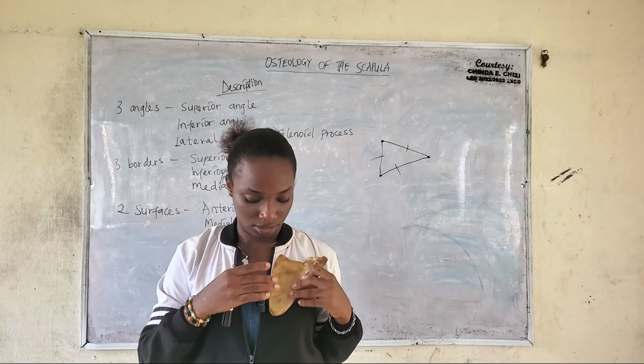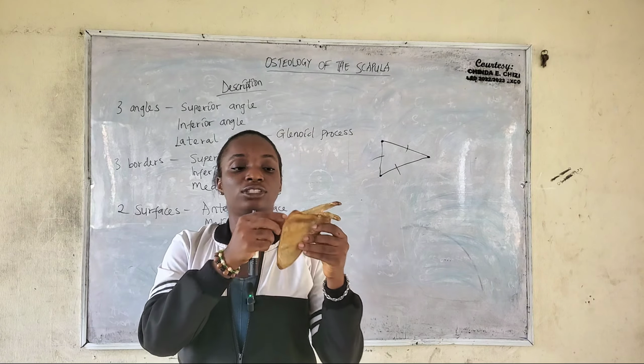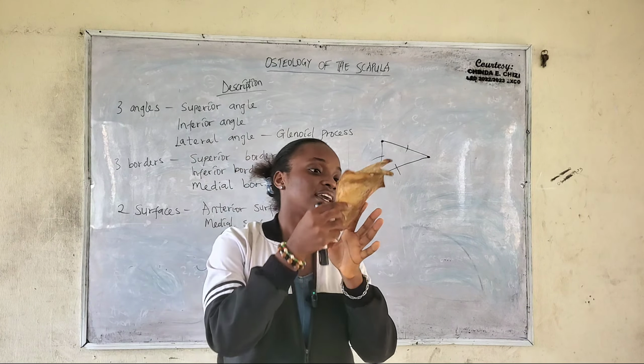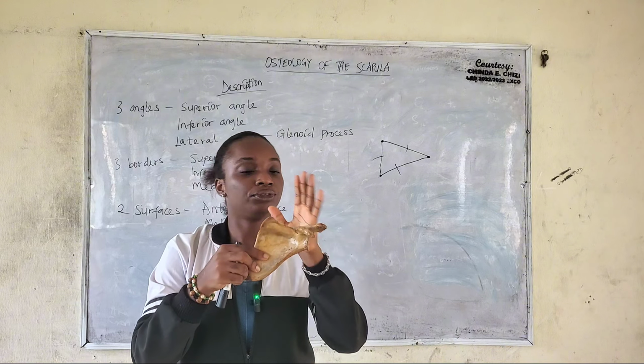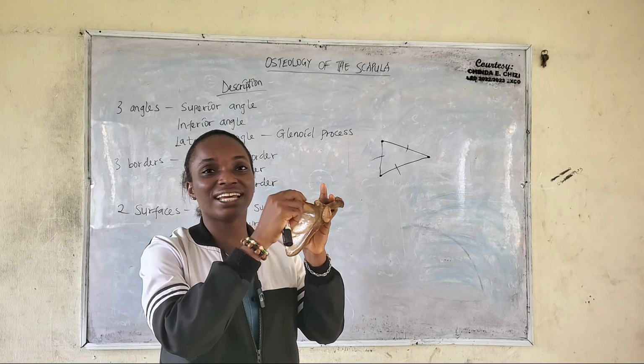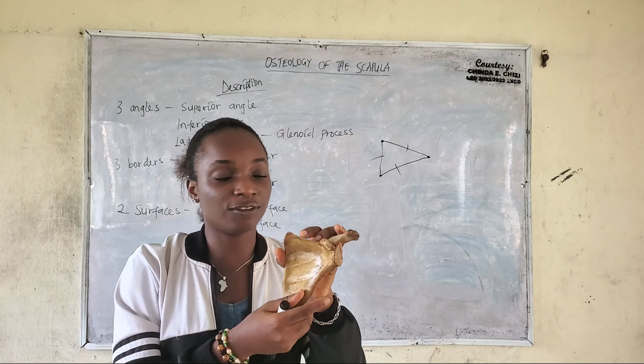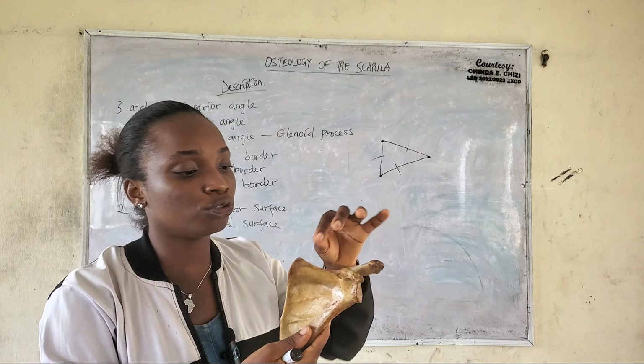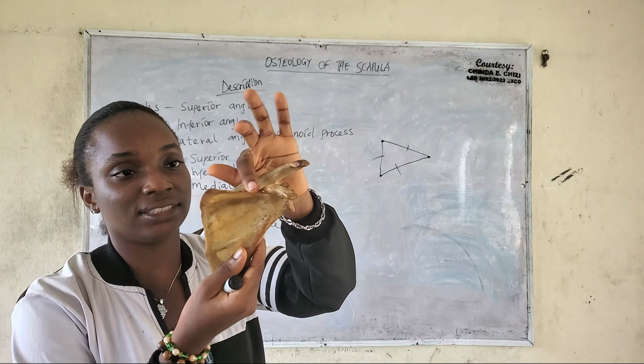This is medial border, and this is the inferior. Inferior is down, superior is up. Inferior border. Now, the inferior border is the thinnest border. If you look closely, if you're privileged to see a scapular bone, you notice that this border is very thin.